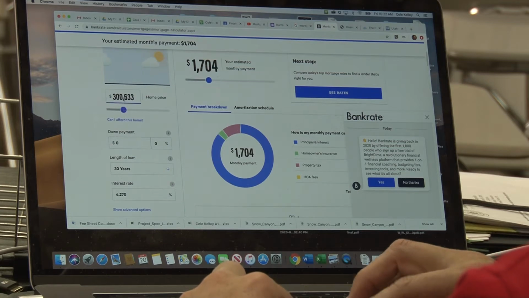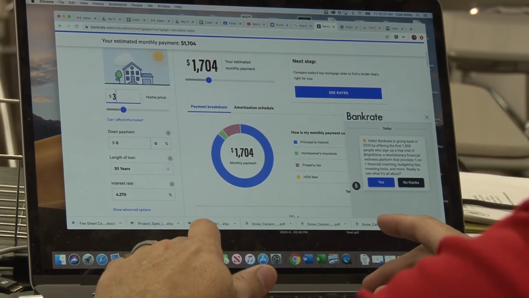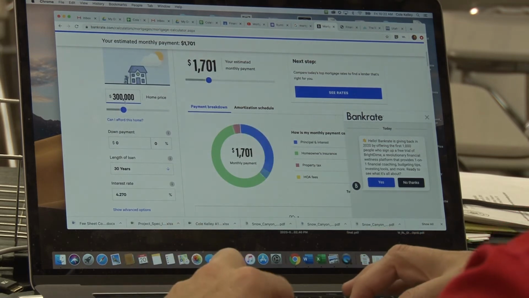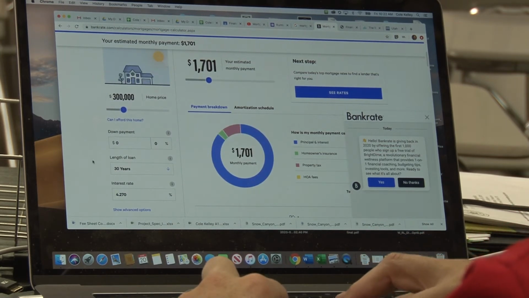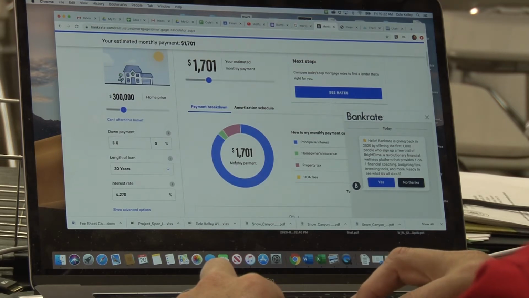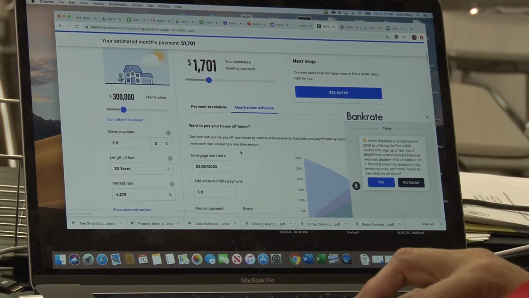How can I just type in 300,000? There we go. $300,000 home, 30 years, interest rate 4.2. They're saying your monthly payment would be $1,701.